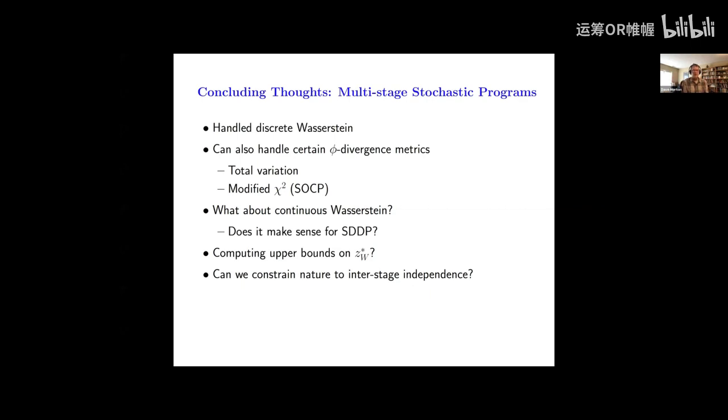I don't know how to tell nature, hey, the probability mass that you come up with has to satisfy interstage independence. Because now you're coupling problems in a difficult way in terms of the max. And I didn't really mention this, but lower bounds are easy to calculate here. But actually upper bounds in the multi-stage setting are hard.